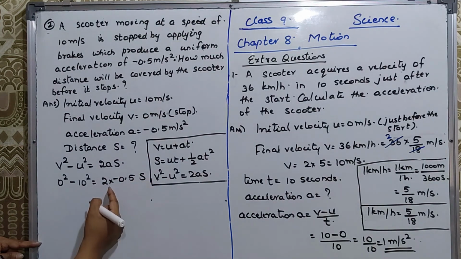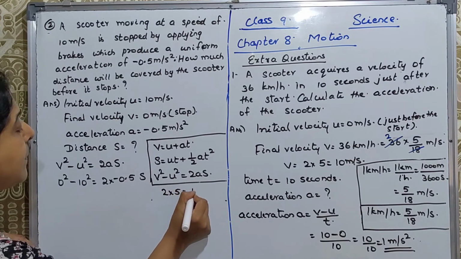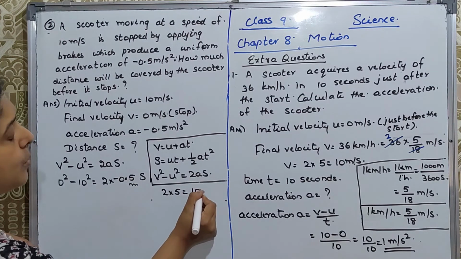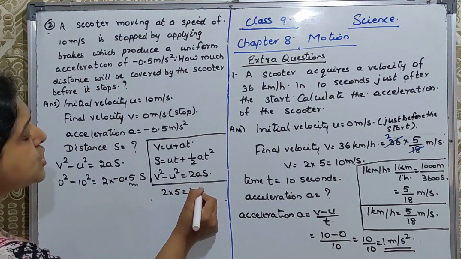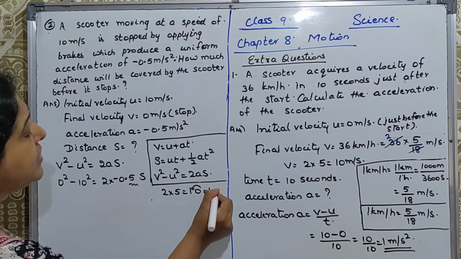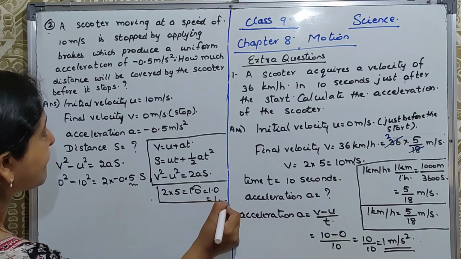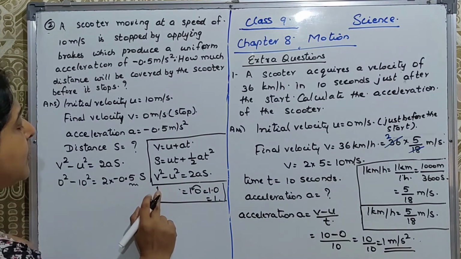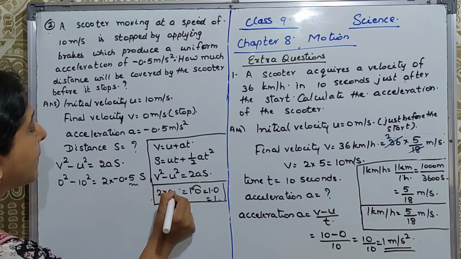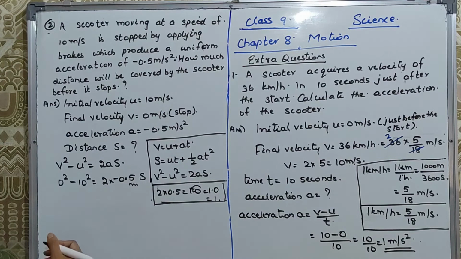This alphabet s. 2 into 5 is 10. Now how many decimal places are here? 1 decimal place. Move the decimal point by 1 place towards the right. So it will become 1.0, which is equal to 1 itself. 2 into 0.5 is 1.